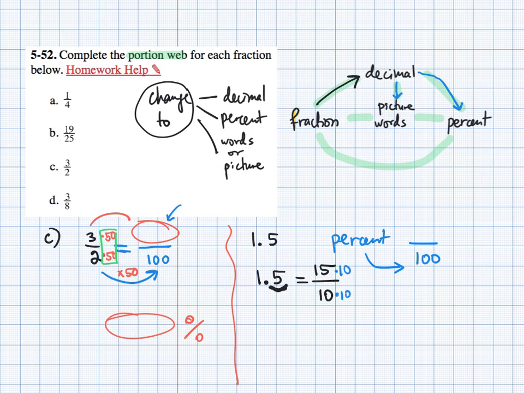And now I can see it's out of 100, and then that means it's 150%. So you get the same information at the end, but two different ways to be aware of, and you can use either of them depending on whether the fraction or the decimal is easier.